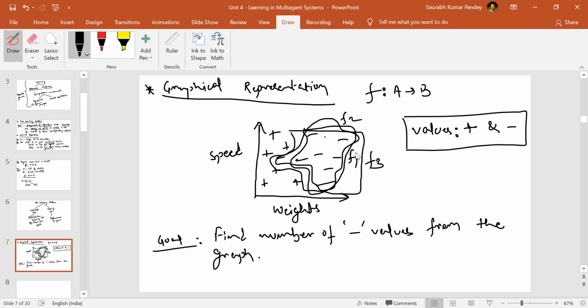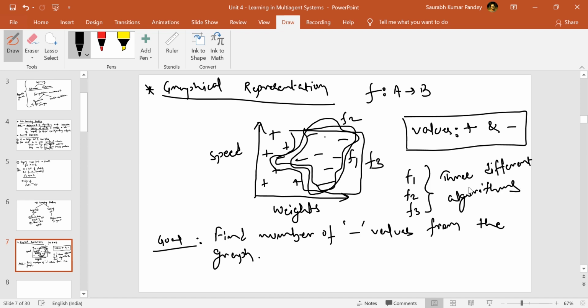But the three different functions that I told you, they are three different functions. What does it mean? So this means that f1, f2 and f3, they are three different algorithms. Fine. So three different algorithms are used to cluster the minus values. Okay.